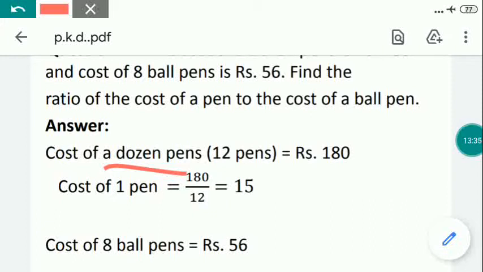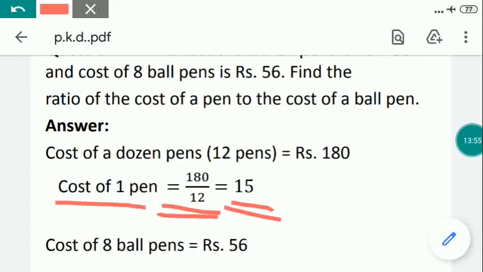So cost of dozen pens means cost of 12 pens, which is given as 180. So cost of 1 pen is what? Cost of 12 pen is 180. So cost of 1 pen is nothing but 180 upon 12, which is 15. Okay, cost of 1 pen is 15.